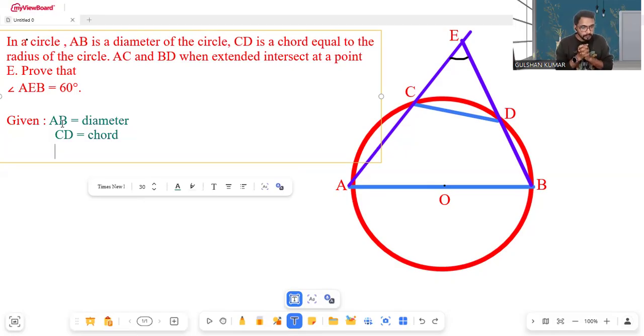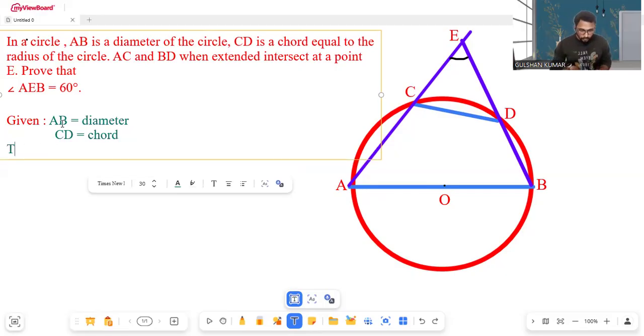There is something very important in this question: we have to make a construction so that we can easily solve it.